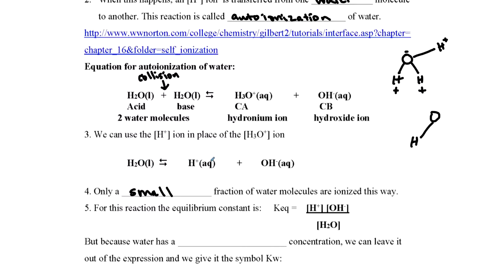The rate at which it's ionizing is equal to the rate at which these ions are coming back together to form water. So we can use the equilibrium constant expression, KEQ, and we can write it out like this. Products, the concentration of the products divided by the concentration of the reactants.